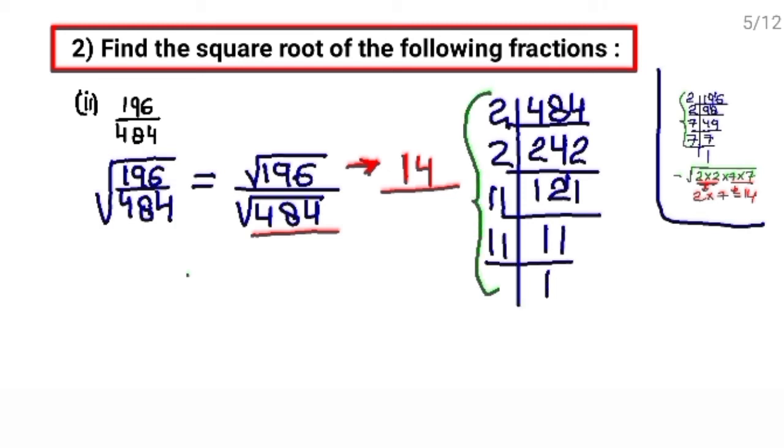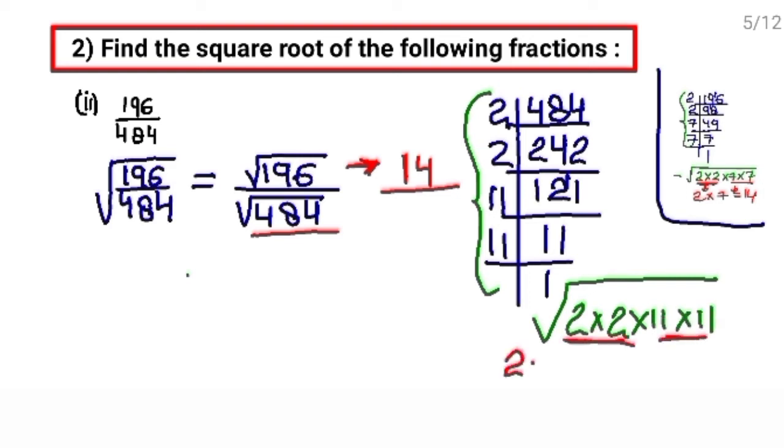Now these are the prime factors. 2 multiply 2 multiply 11 multiply 11. Make the pair of similar digits. 2 multiply 11 is equal to 22. So the value of the lower part is 22, right?